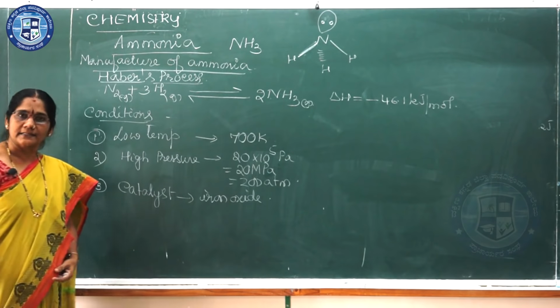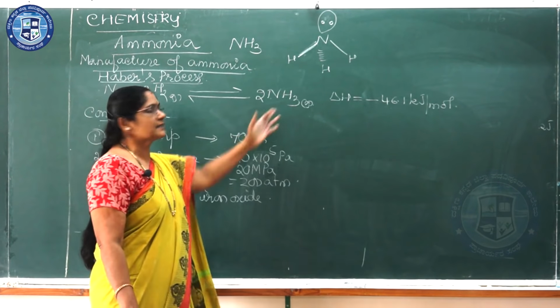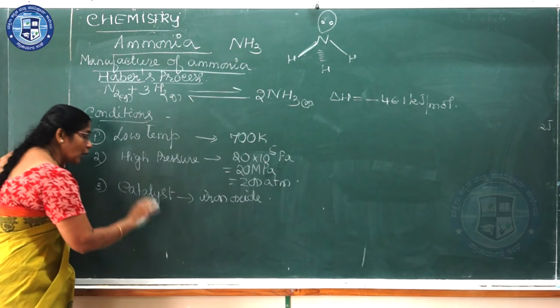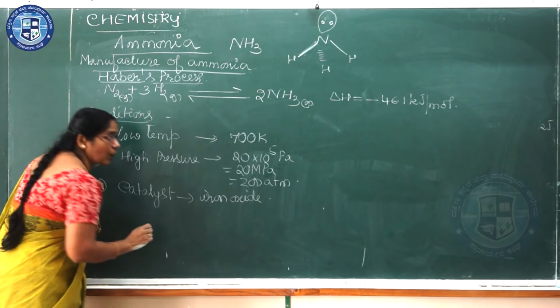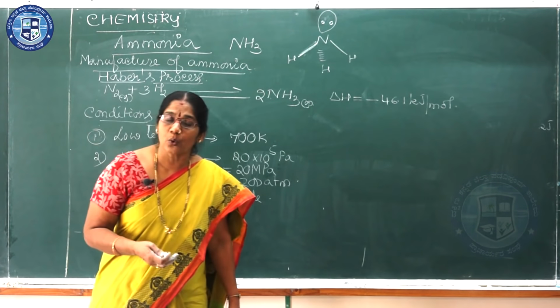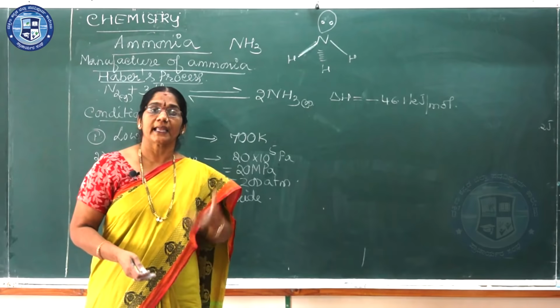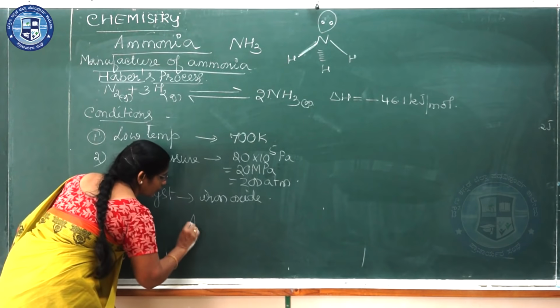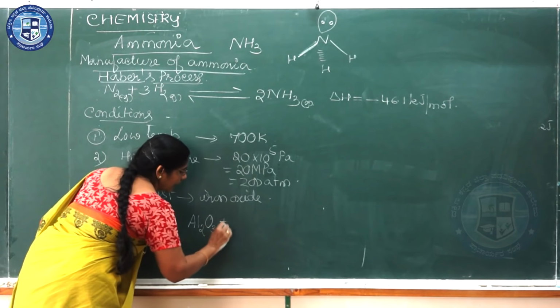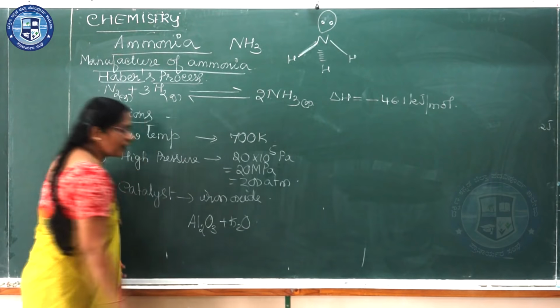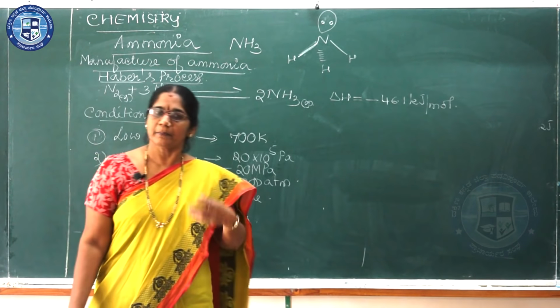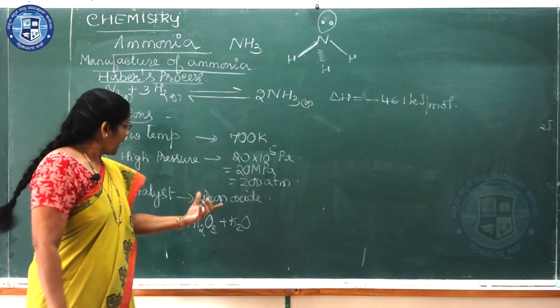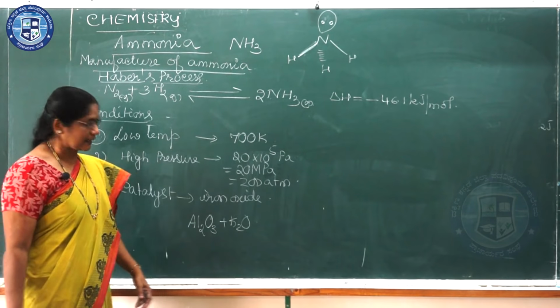Fe2O3 is the catalyst used, along with some substances, normally we call them promoters, which enhance the efficiency of the catalyst, and it is a mixture of Al2O3 and K2O. Aluminium oxide and potassium oxide mixture promotes the activity of the iron catalyst.